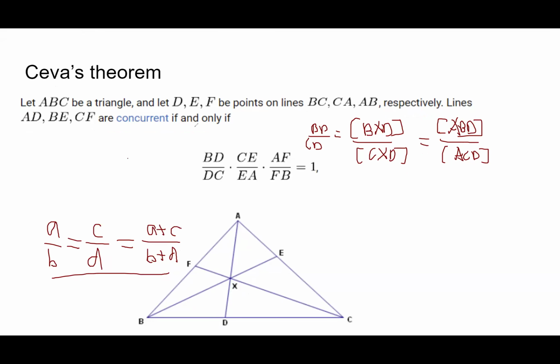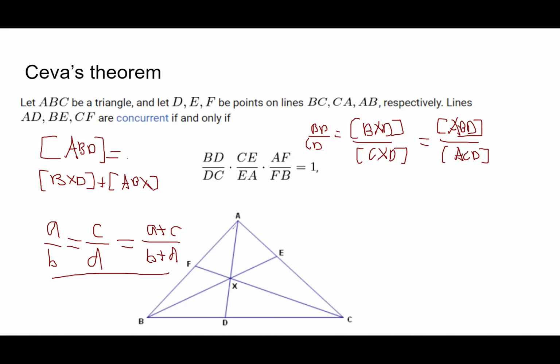All right, I'm going to keep going with the solution. The key observation you have to make at this step is that the area of triangle ABD is actually equal to the area of triangle BXD plus the area of triangle ABX, right?